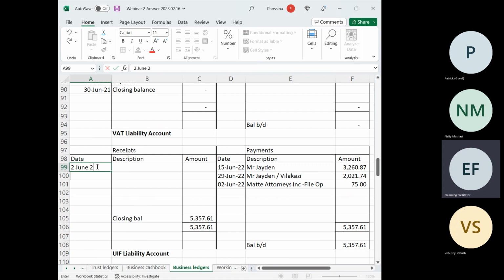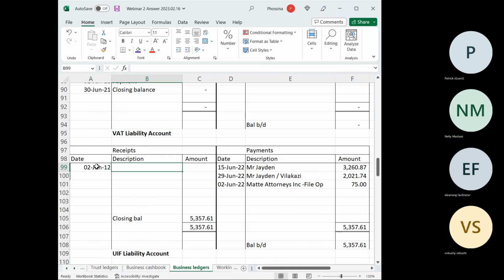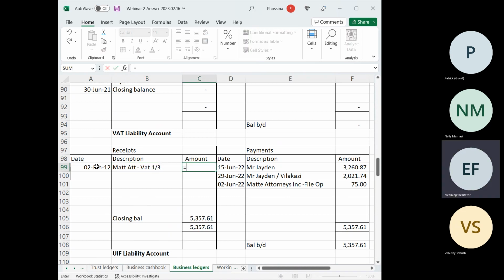So for the file opening, it's 75 multiplied by 1 divided by 3, because this is going to be paid by our correspondent. So the 3 accounts are affected by the same transaction.